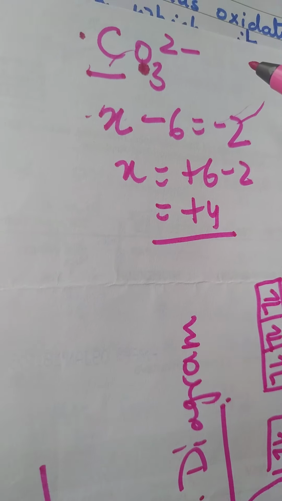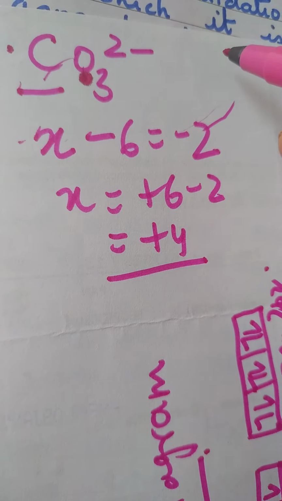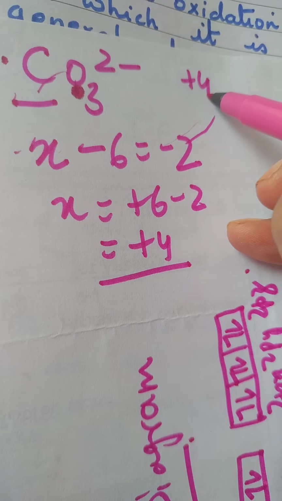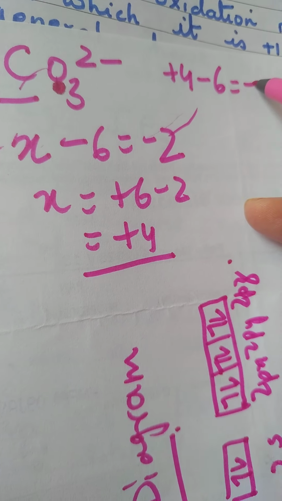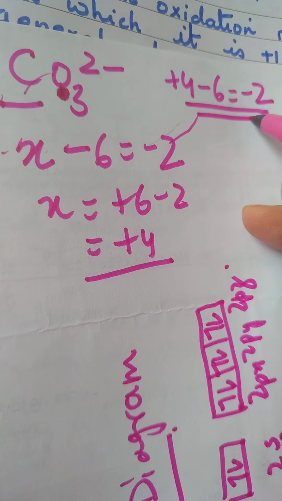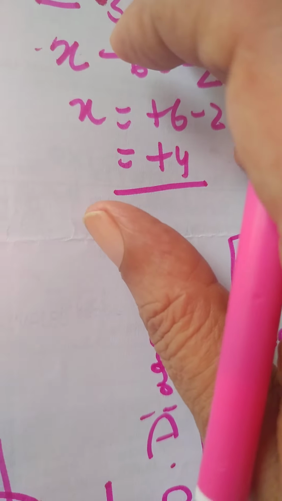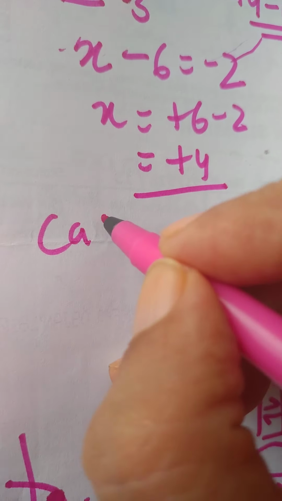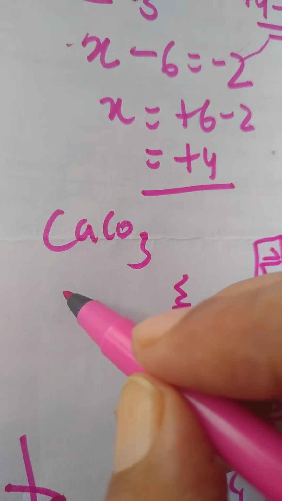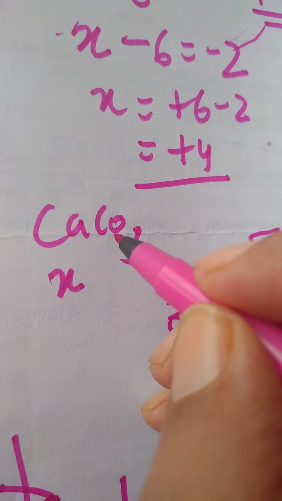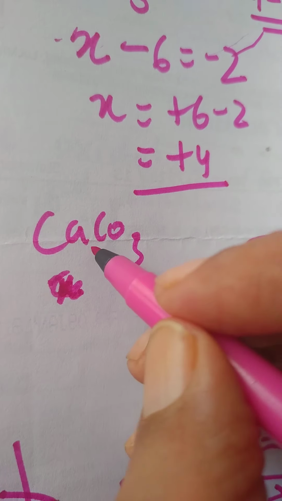Let us check: +4 and -6 is equal to -2. Is this correct? Okay. Whatever is the charge, if there is no charge, suppose it is calcium carbonate, then we will take X for carbon.